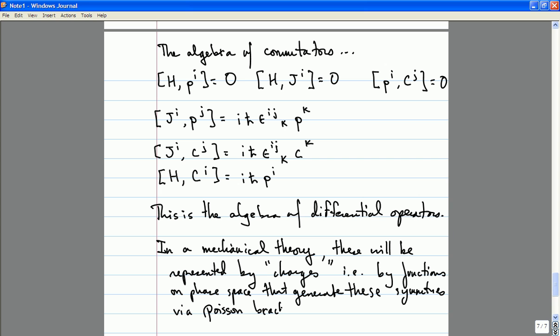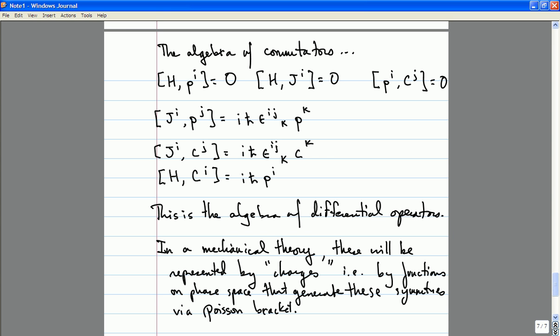Remember that in the Hamiltonian formulation of classical mechanics, the infinitesimal variation of some observable under a symmetry is given by its Poisson bracket with some generator. Okay, I guess I called them generators, not charges.